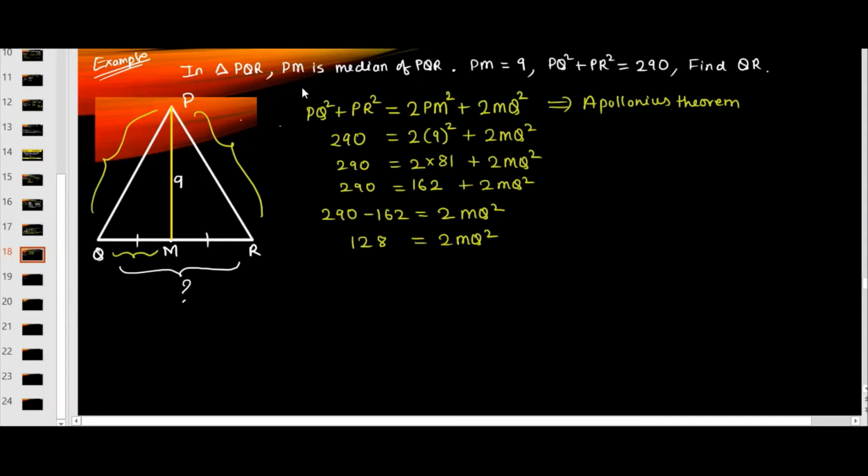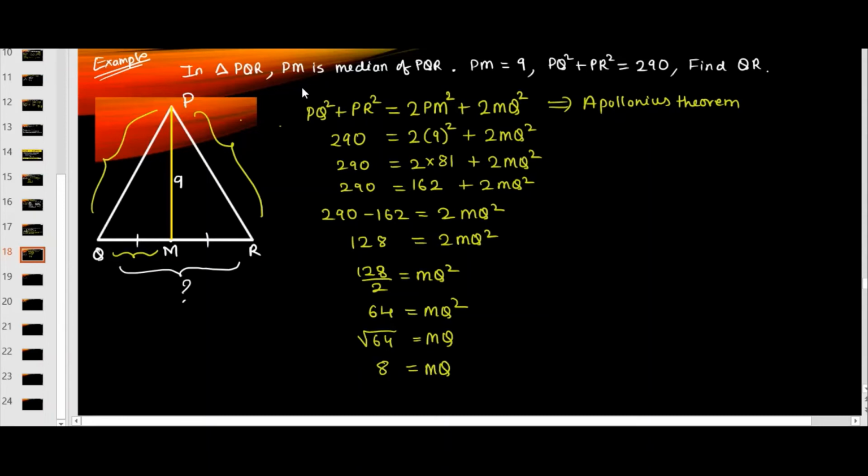Now this 2 will go to the denominator, that is 128 divided by 2 is equal to MQ square. When you divide this, 64 is equal to MQ square. But we don't want MQ square, we want only MQ. So you will find the square root of 64. So the square root of 64 is 8. So 8 is the value of MQ.